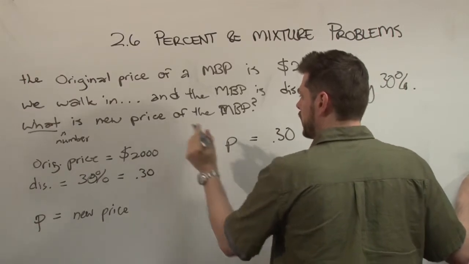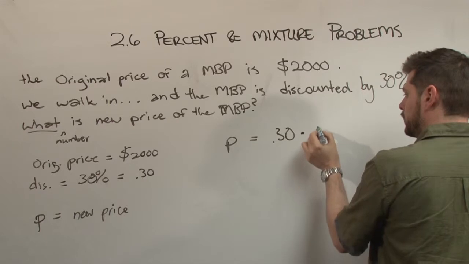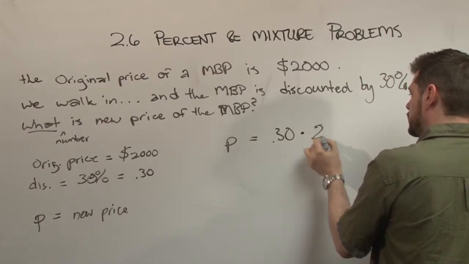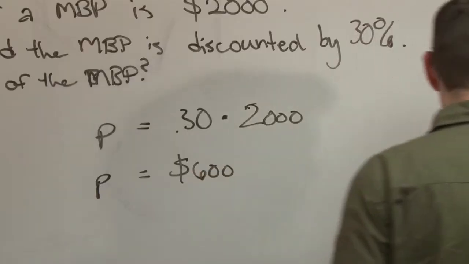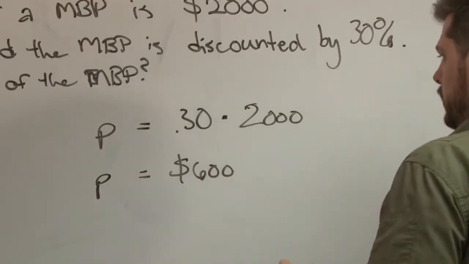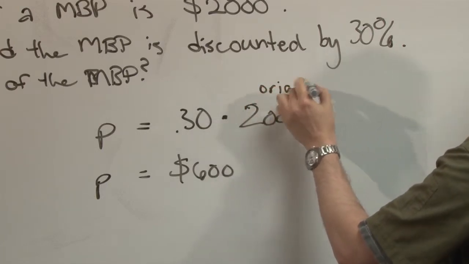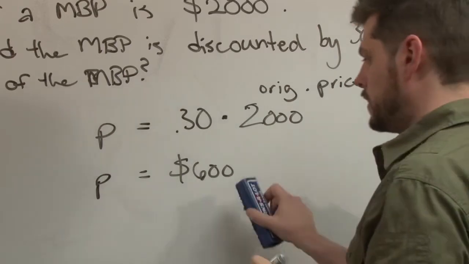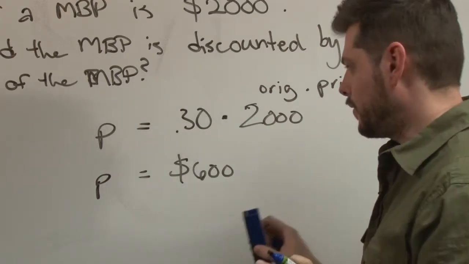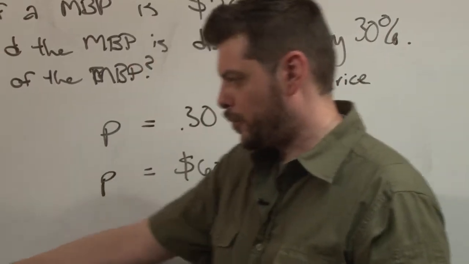What is the new price of the MacBook Pro? 30% of the original price, which was $2,000. So 30% of $2,000, our original price, is $600.